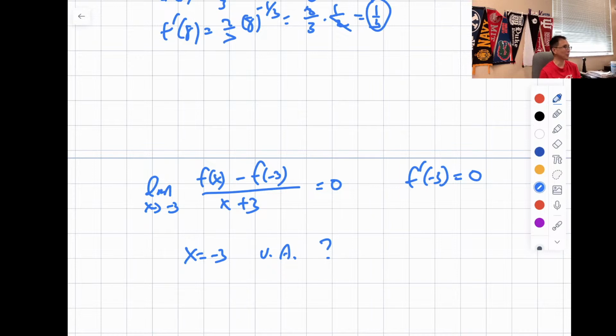I also told you a vertical asymptote is not differentiable, right? So therefore, a vertical asymptote at x equal to -3 is not true, because it's differentiable, since you got an evaluation of 0. If it's differentiable, it has to be continuous, so it cannot be a vertical asymptote.